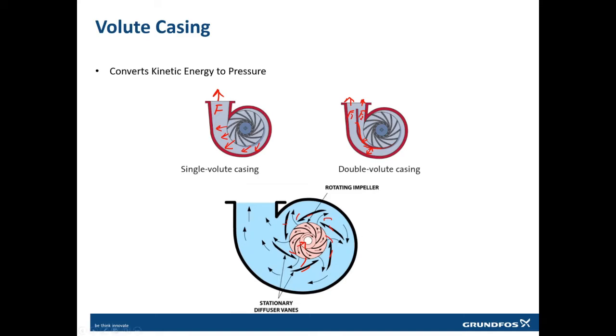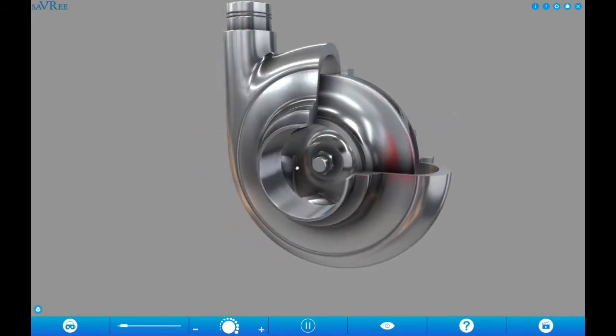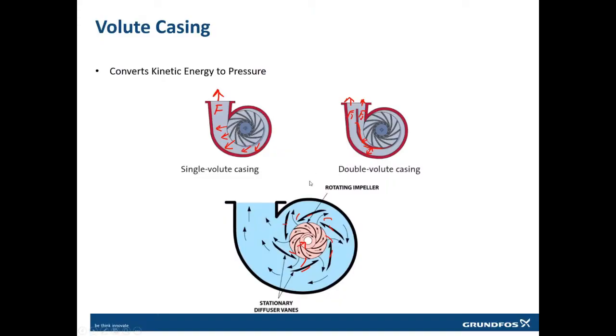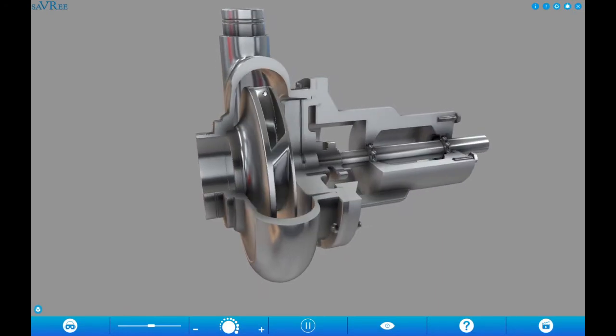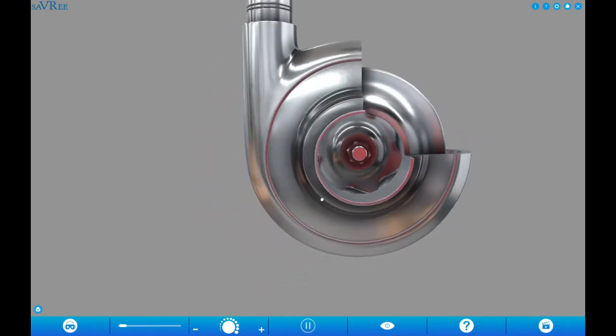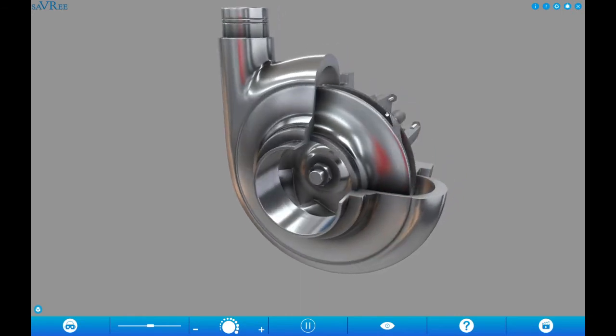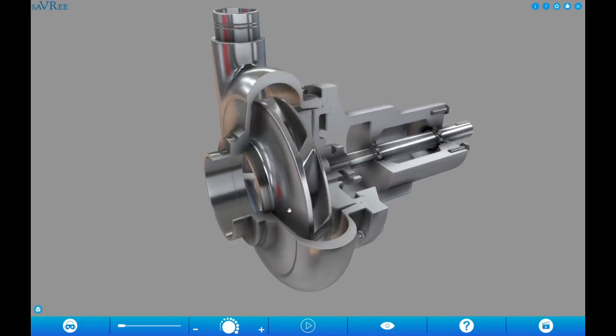Now, going back to our animation, this is my impeller. This is my volute. The impeller is rotating inside. This is the suction. Once the water comes inside, it will go into the eye of the impeller. From here it will rotate. This is the part which will push the water towards the outside.